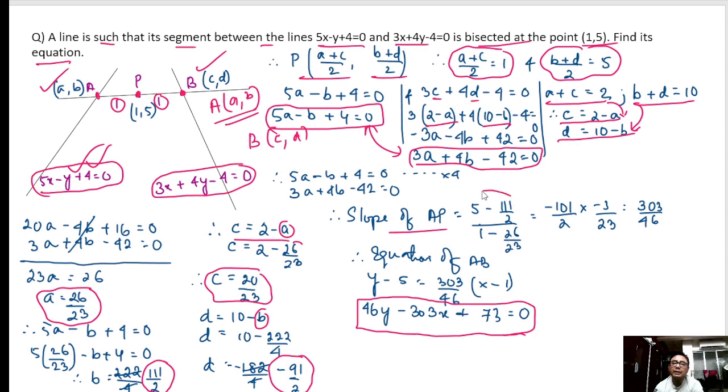The slope of AP is y2 minus y1 by x2 minus x1. This is the slope of AP, and AB passes through the coordinate 1 comma 5. So y minus y1 is m into x minus x1, and we got the equation of the line AB. This is the equation of the line AB.